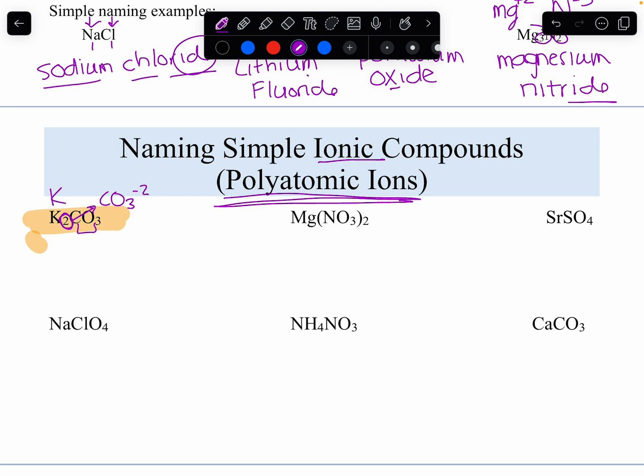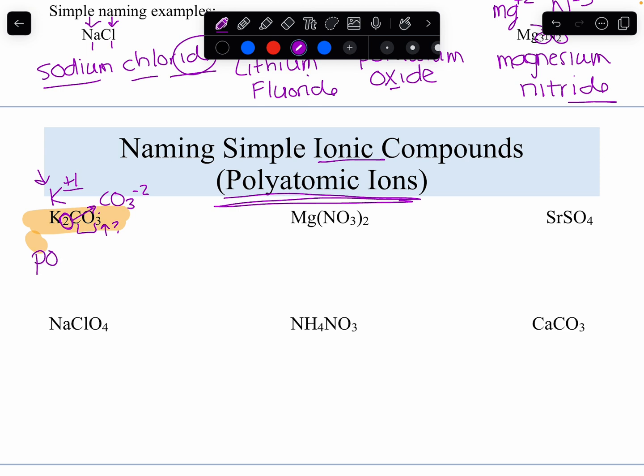Now, I also want you to remember K is in group 1. Group 1 is always a plus 1. Okay? Always. Now, again, why don't you see the 1 down here? Because you don't show it. Okay? So this 3 did not come from the K. K's never change. They're in group 1, so they're going to be always a plus 1. Now, why do you need to see this?